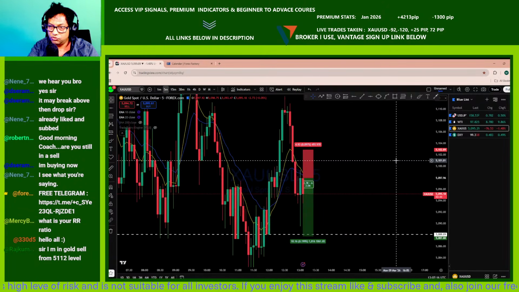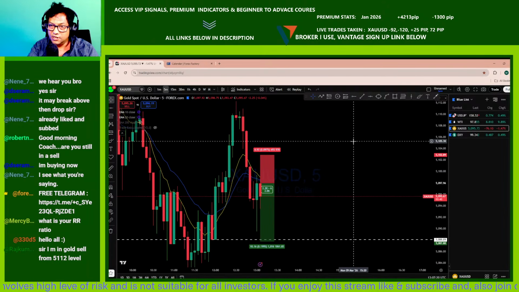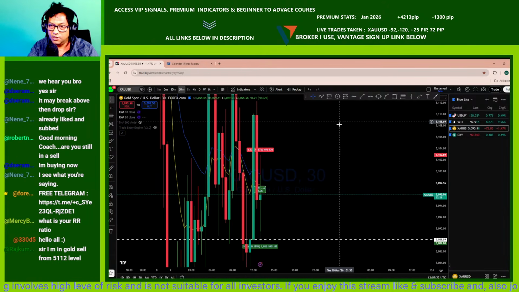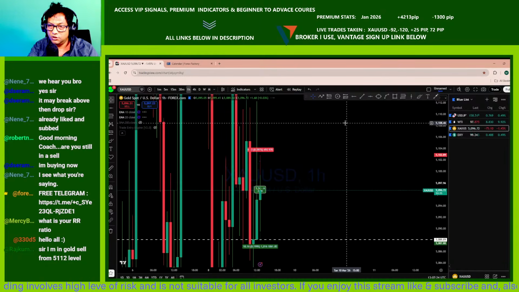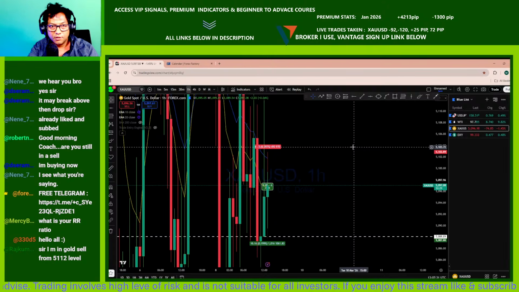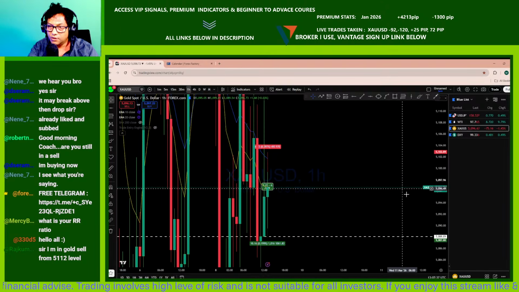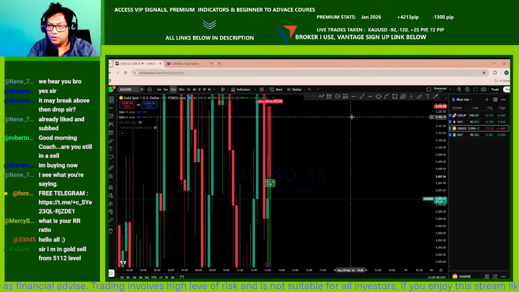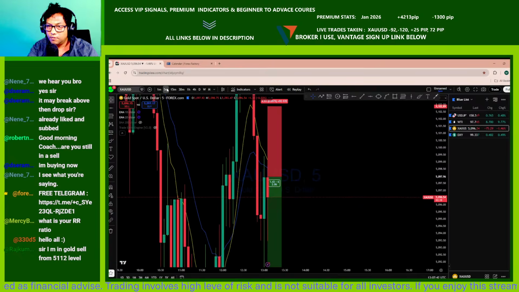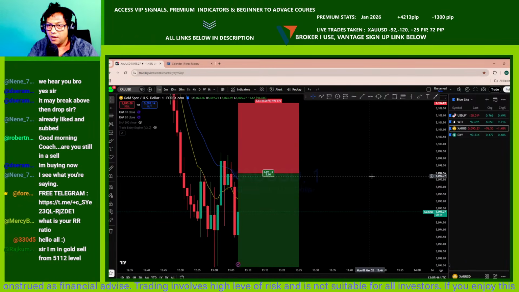If you look at this area, the market structure is a little different. This is the 1 hour market where the price action might get rejected. Okay, another 1 minute.